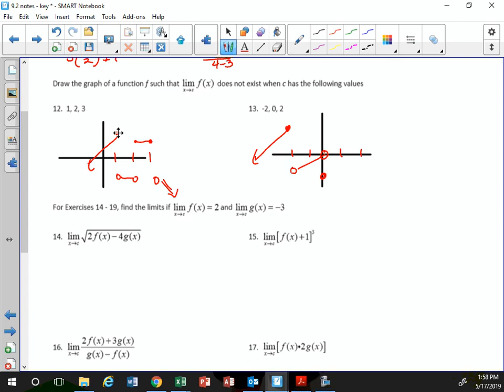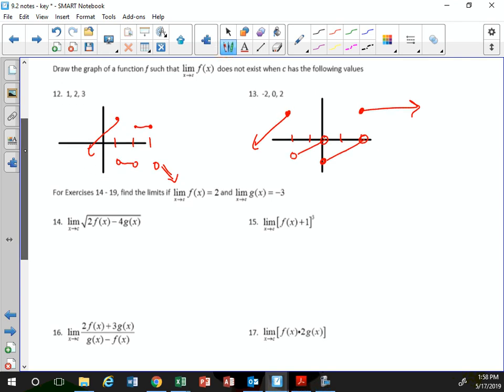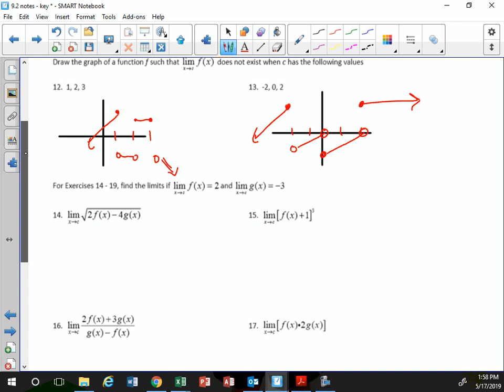Whatever you want, lines, curves, as long as it's a function, and as long as you've got basically a jump happening at every one of those places. Okay. So, you okay with those? Give it any more time.